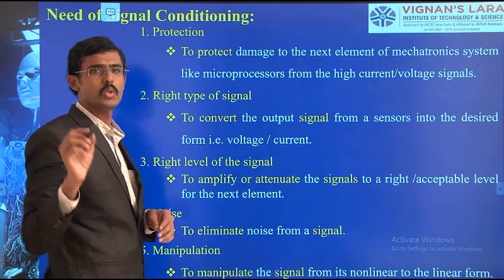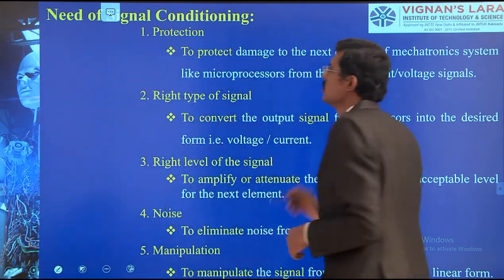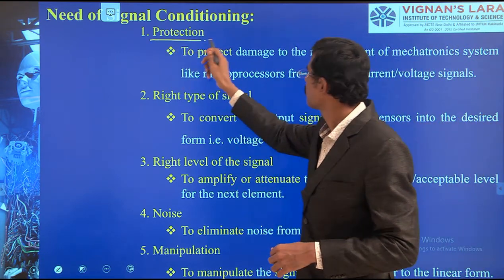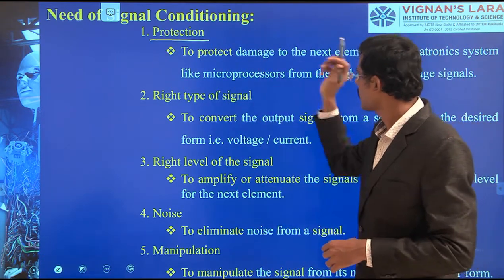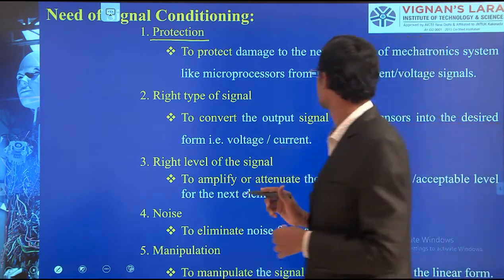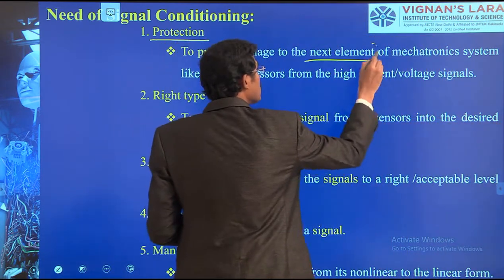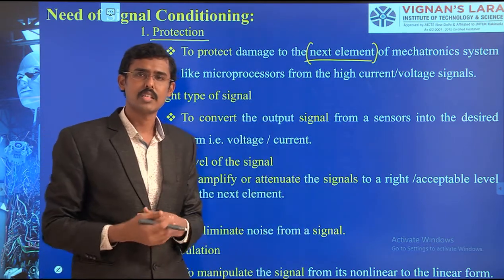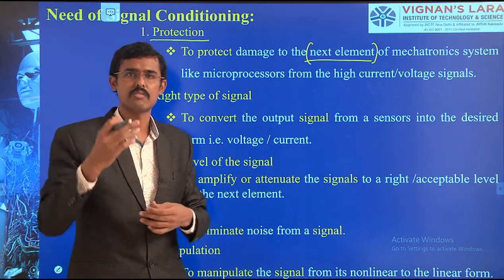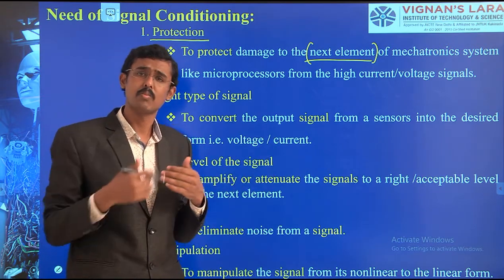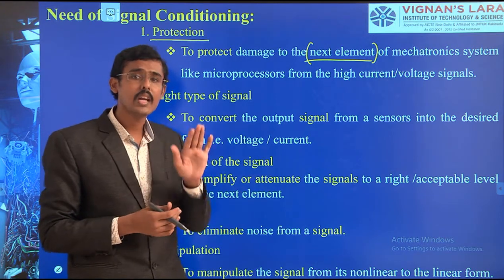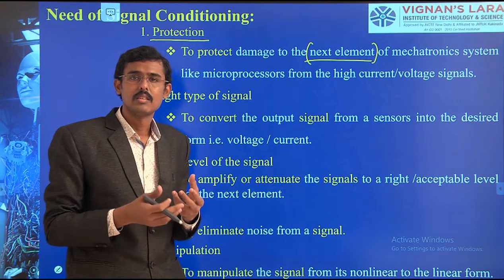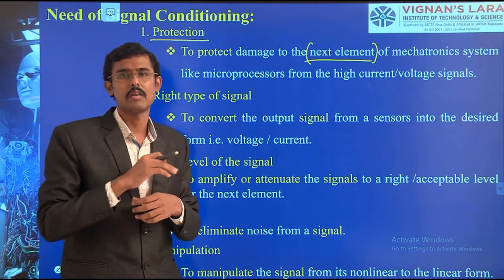First, why should we do this signal conditioning process? Number one is protection, to protect the next element from damage. Let us take the laptop charger. If you are supplying more watts, say a 65 watt or 95 watt charger, and irregularity of charge comes in, the charger protects the laptop from damage.